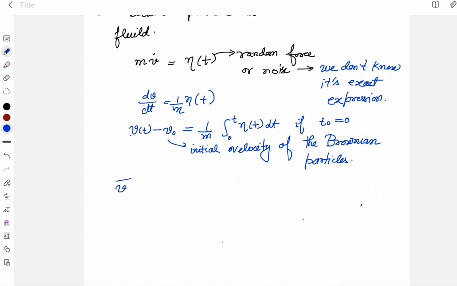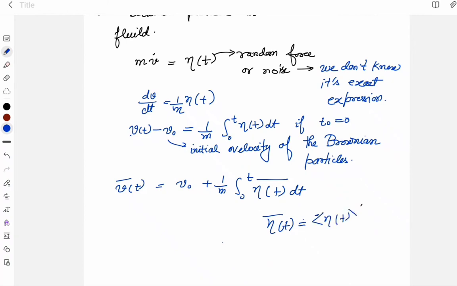Let us denote the average by an overhead bar. V bar of t is equal to v0, since v0 is a constant so the average will be the same, plus 1 over m times the integral from 0 to t of eta(t) dt, averaged. But since this force is completely random, the average over all realizations or initial conditions is actually 0.